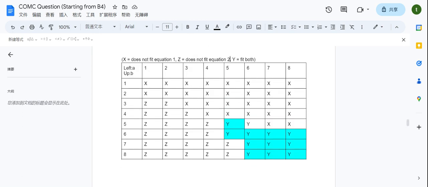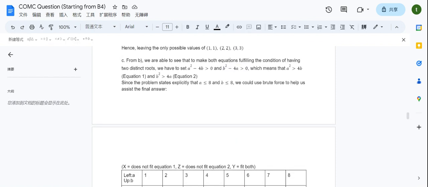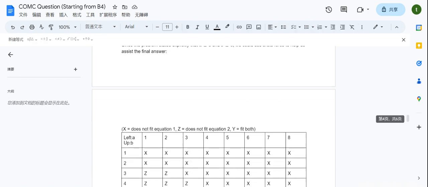Let's test this one again. a is equal to 6, b is equal to 5. a squared is 36, larger than 4 times 5, which is 20. On the other hand, 5 squared is 25, larger than 4a, which is 24. So this also works.